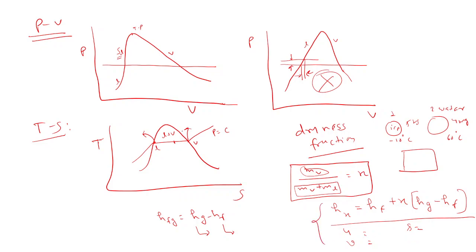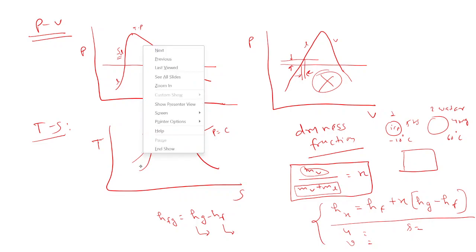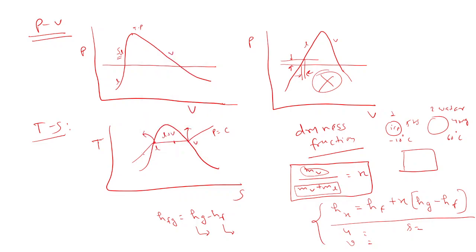Now my point is, what would the entropy be at this point? Can anyone tell? How will you find it? Before the saturated liquid line, it will be less than the saturated liquid value sf.